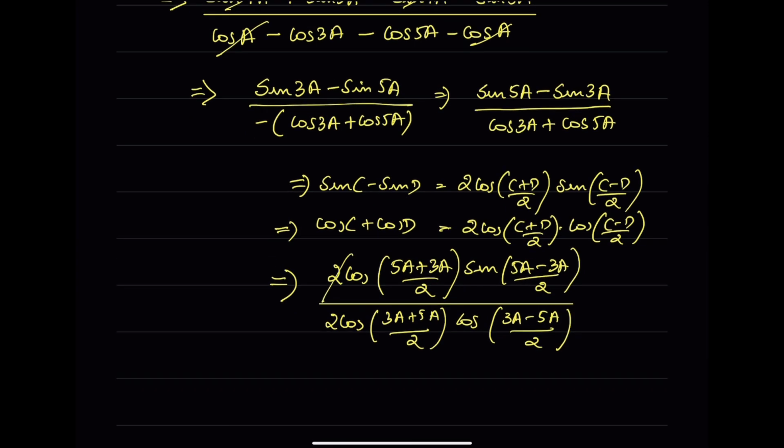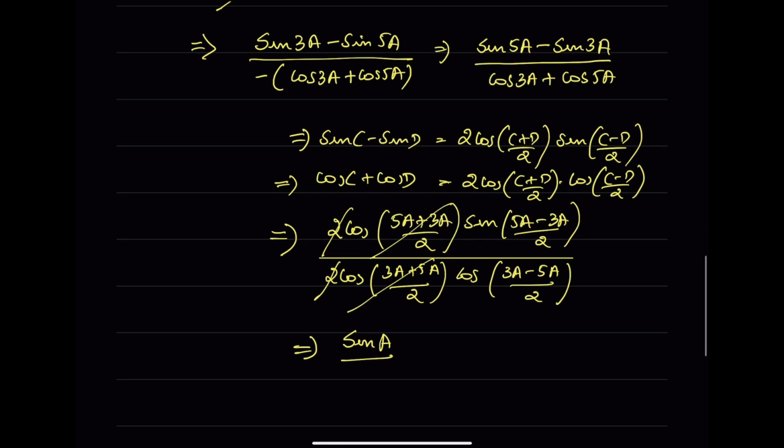Now we can cancel out 2. We can cancel out cos of 5a plus 3a. So we would have sine of 5a minus 3a by 2 is sine a, divided by cos of 3a minus 5a by 2 is cos of minus a, which is cos a. So this is nothing but tan a. So this is how we can solve the second question.